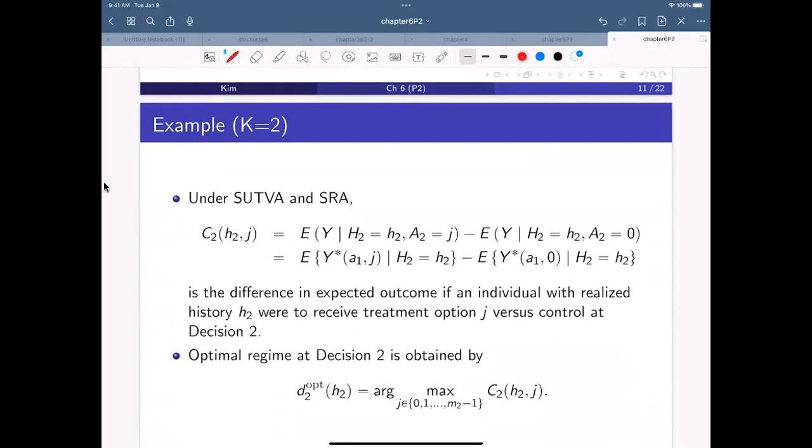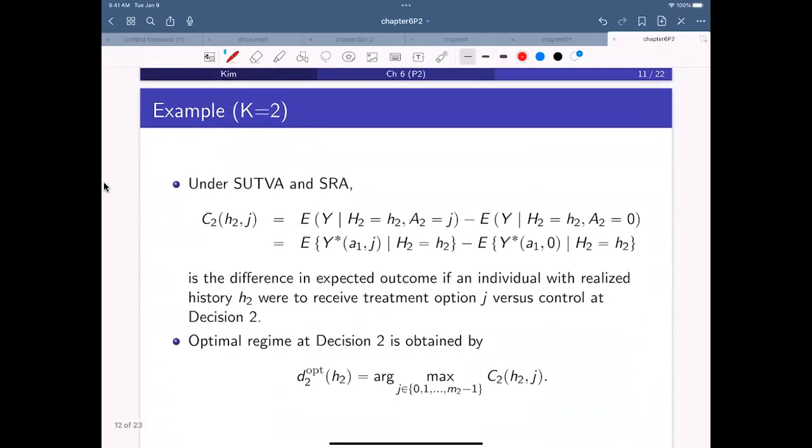The contrast function for K equal 2 is basically the difference in terms of the potential outcomes at K equal 2.